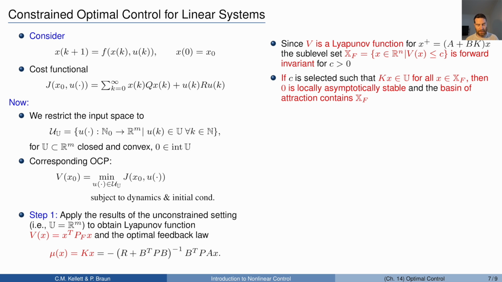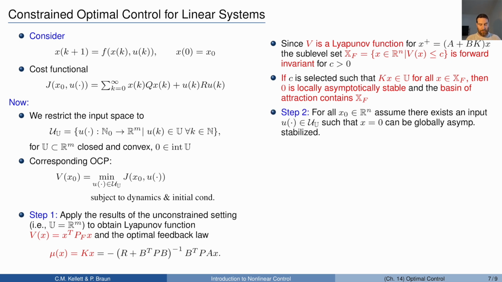Namely, we select c in such a way that K x is contained in these constraint sets U here, for all x satisfying the Lyapunov sublevel set inequality. We then know that the origin is locally asymptotically stable with basin of attraction containing the set XF. And in that set XF, we also satisfy the constraints on the input U.